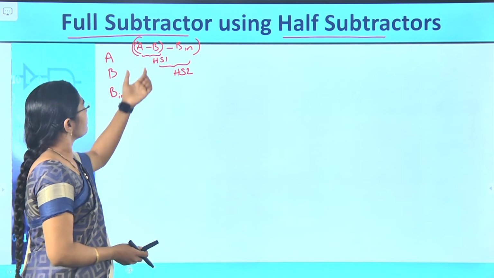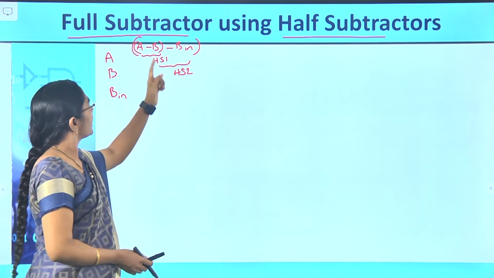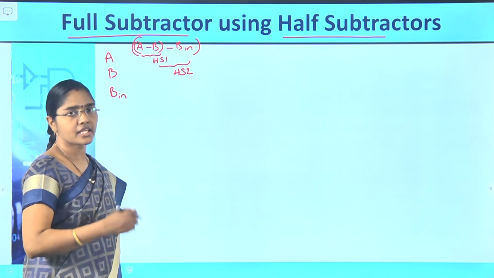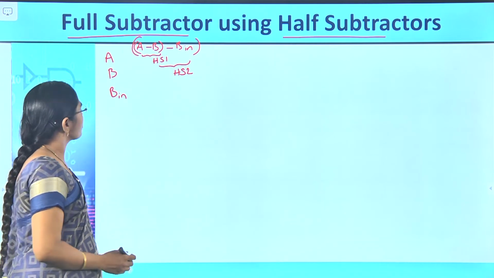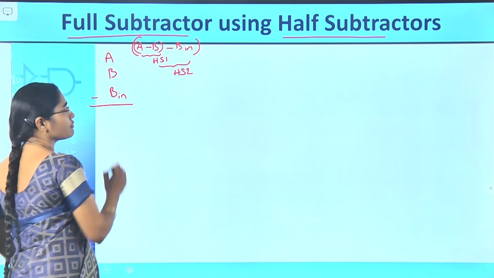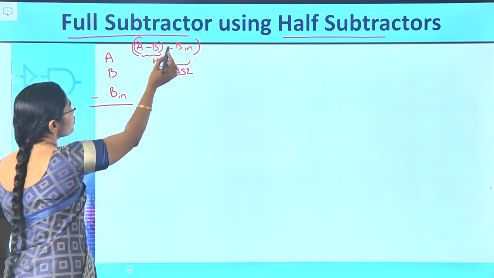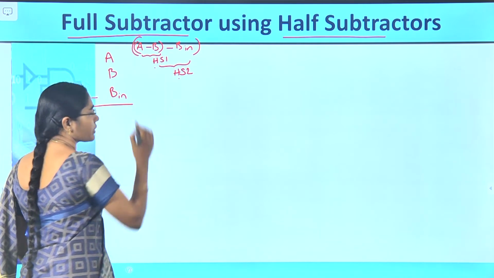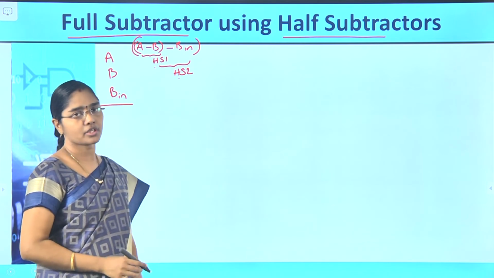Okay. So A minus B in half subtractor 1, and the result of half subtractor 1 minus B in in the second half subtractor. So for doing this subtraction using half subtractors, 2 half subtractors are required.